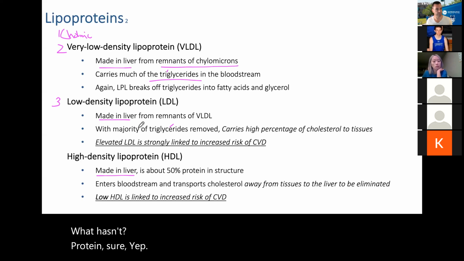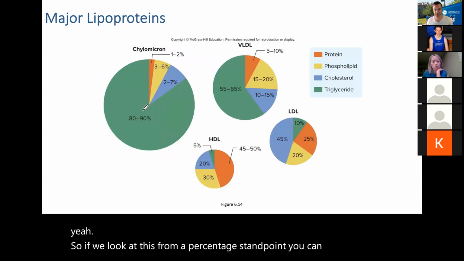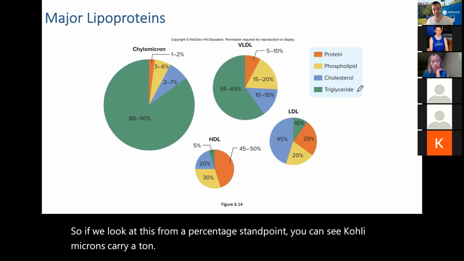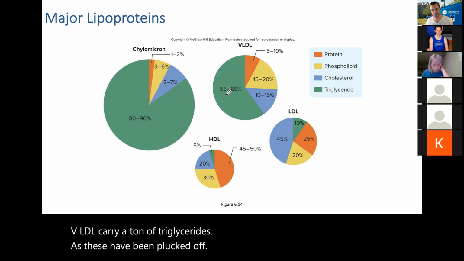Cholesterol, yeah. So if we look at this from a percentage standpoint, you can see chylomicrons carry a ton of triglycerides. VLDL carry a ton of triglycerides. As these have been plucked off, their percentage goes down a little bit, but everybody else goes up.